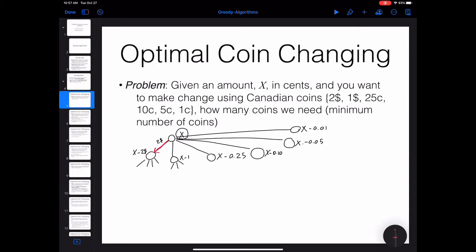So if you know that, definitely you are not going to check the other branches, right? So you always go to, okay, if this branch is going to give me the optimal answer, I'm not going to get anything better. So there is no need to check the rest of the branches, right?